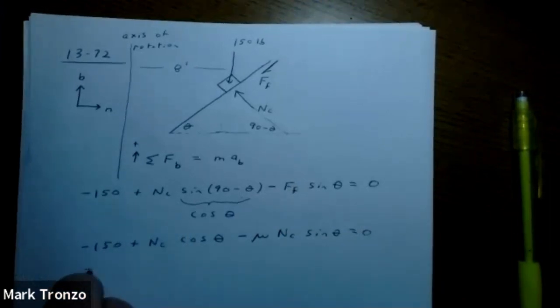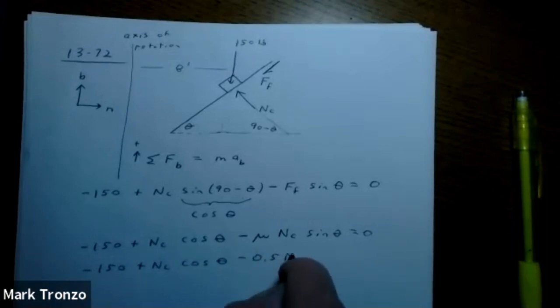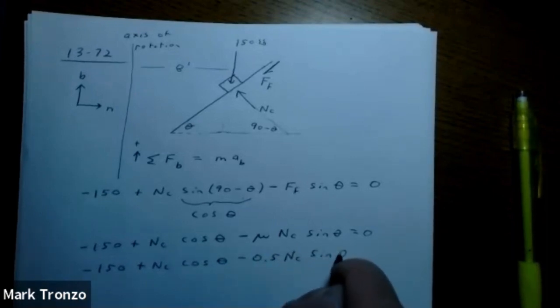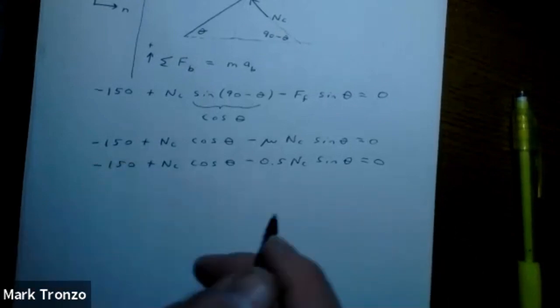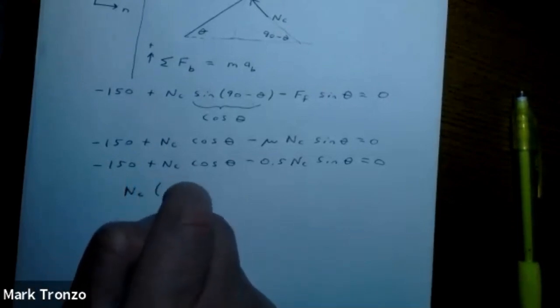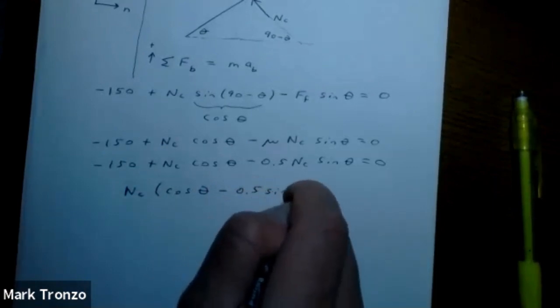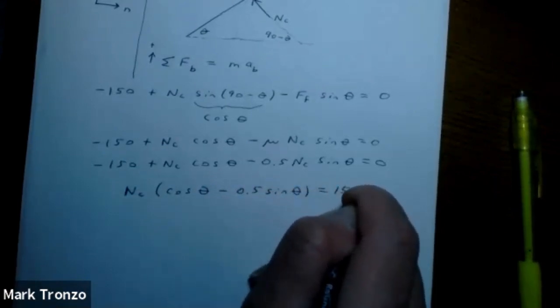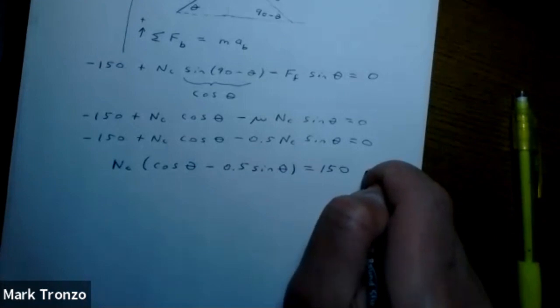So let's go one more step. Maybe we'll bring the 150 to the other side and factor out the NC. So we may call this equation 1.